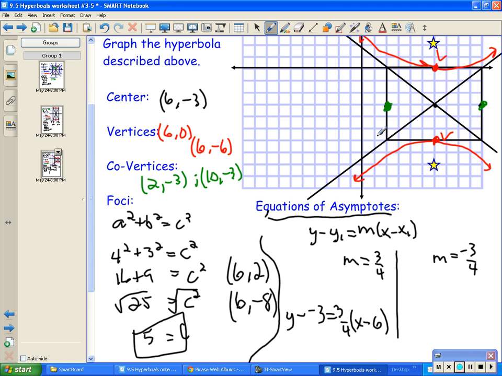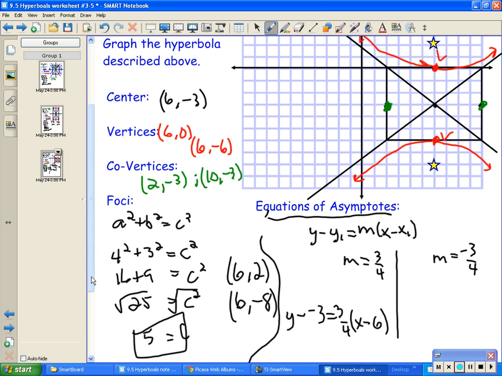So once again, this is our point slope form of a line. This was from chapter 1 in Honors Algebra 2. And then I put negative 3 and positive 6 into this equation because the center of our hyperbola was at 6, negative 3. And that's a point on the positively sloped line.